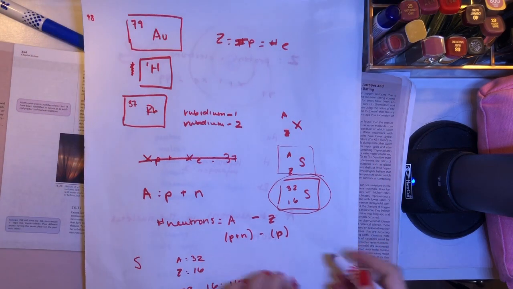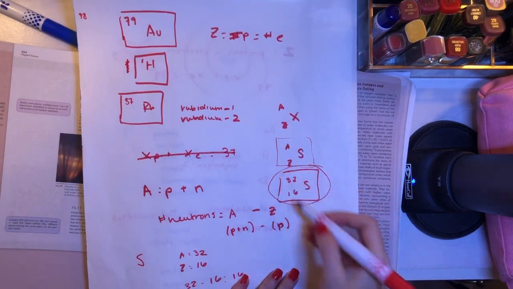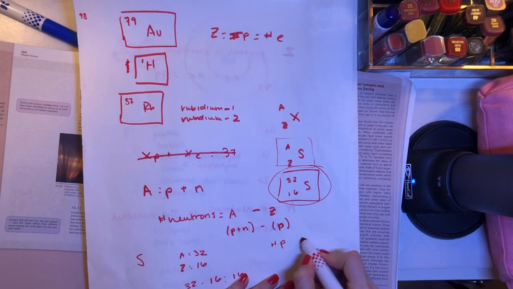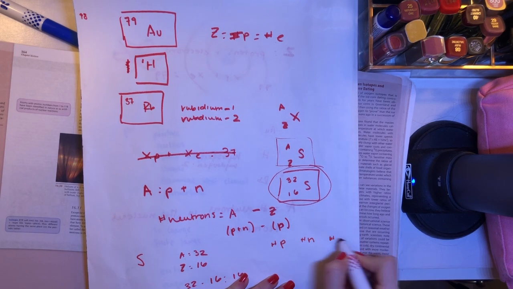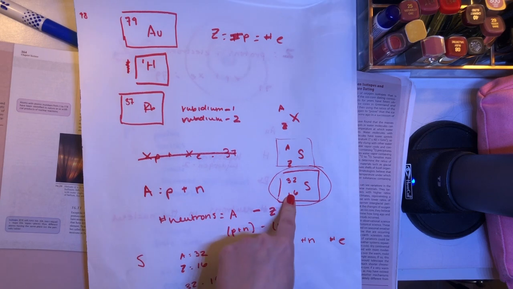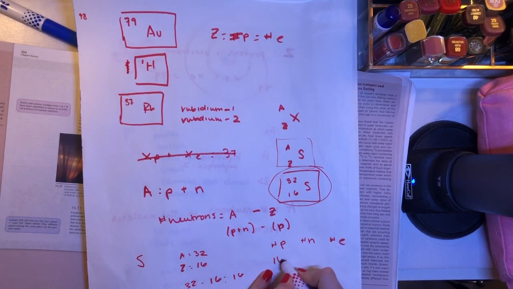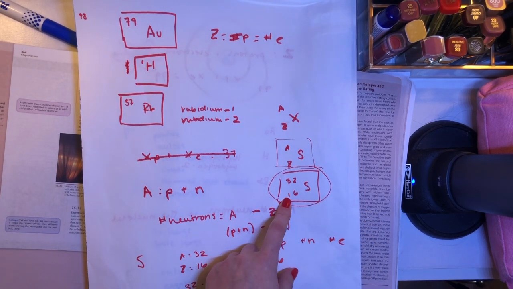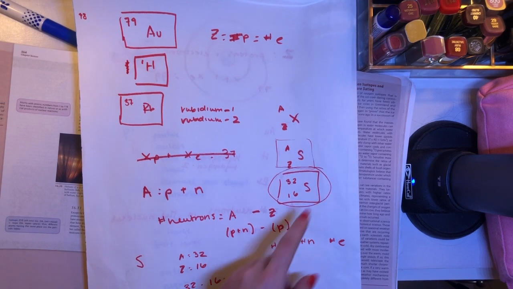So if I want to find out from this right here the number of protons, neutrons, and electrons, the number of protons is indicated by the atomic number. I know the atomic number is located in the bottom left, so I know that there are 16 protons in the sulfur isotope.